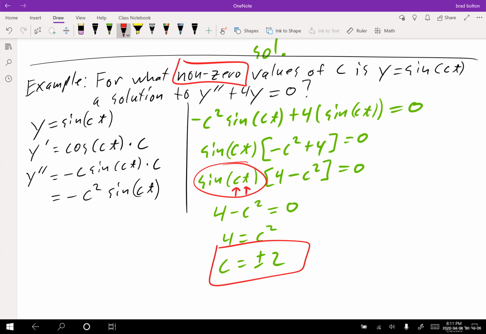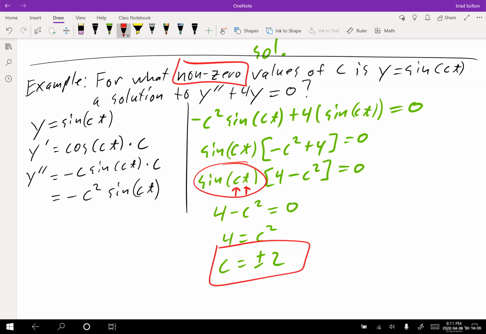Now, there might be other situations where it would be 0 with the sine ct, but you can't promise me all of the infinite choices. So what we're going to go with is plus or minus 2. And again, 0 is technically another one, but they specifically said we don't want that. Okay. So the only way for this equation to always be 0 is to have 4 minus c squared equals 0, which means that c has to be plus or minus 2.